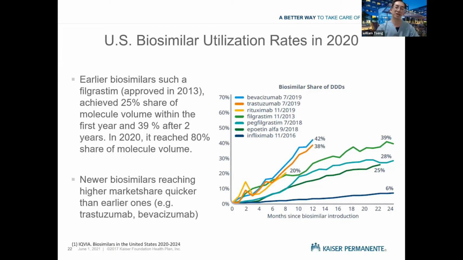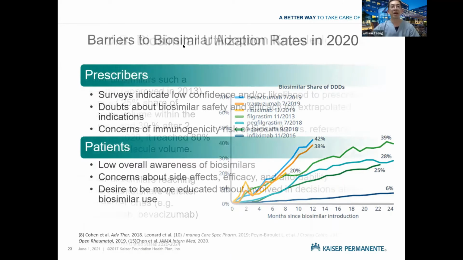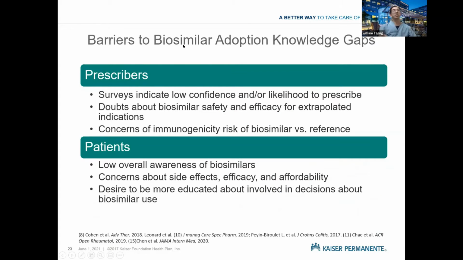So I'm hoping that as time moves further on, we will be using more biosimilars in the future. And when they looked at the barriers, prescriber barriers, they looked at the survey from prescribers' perspective.